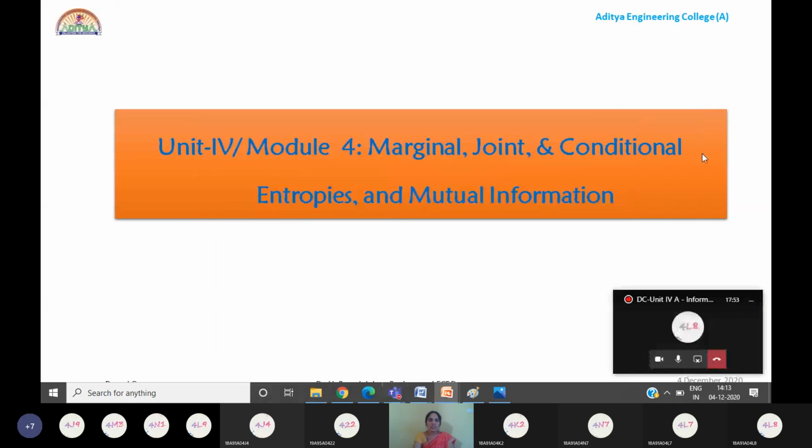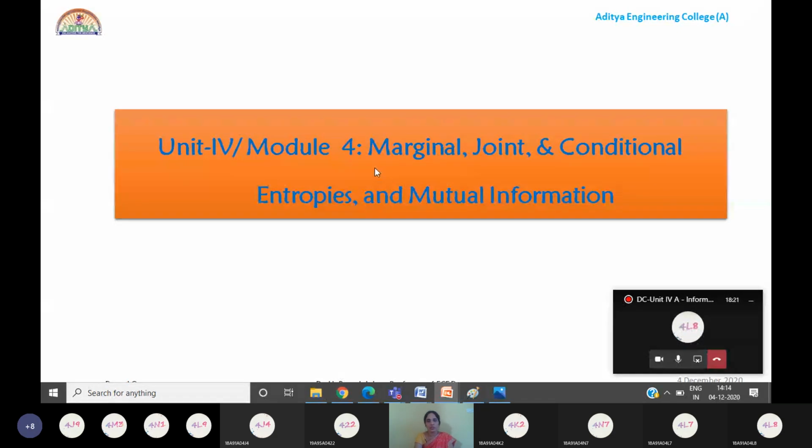Coming to our syllabus, this unit 4, we have split into 4 modules. The first module is the concept of information and its properties, the second module discusses entropy and its properties, and the third module discusses the information rate and its properties.